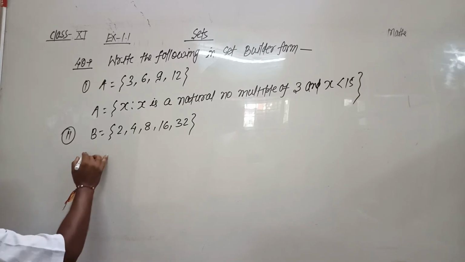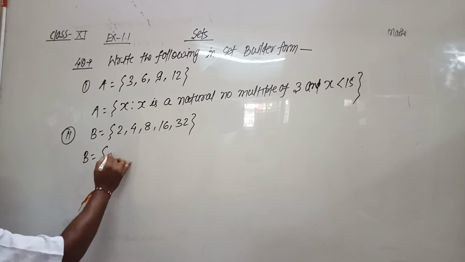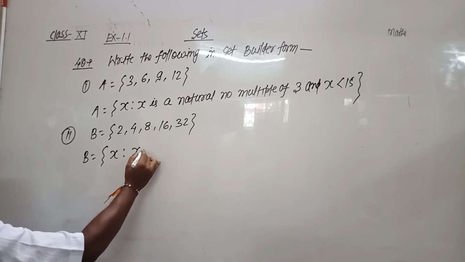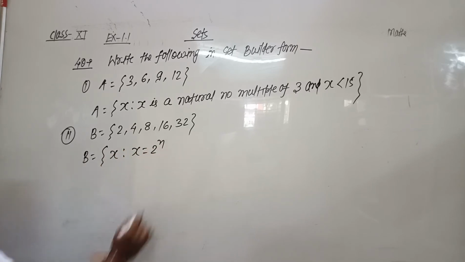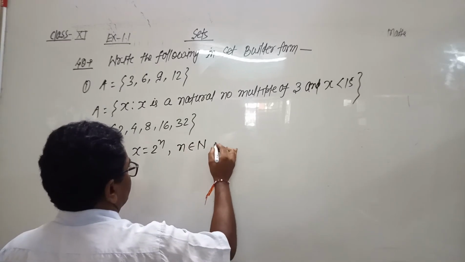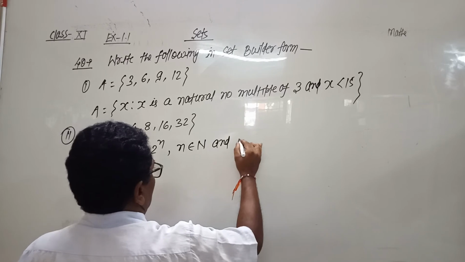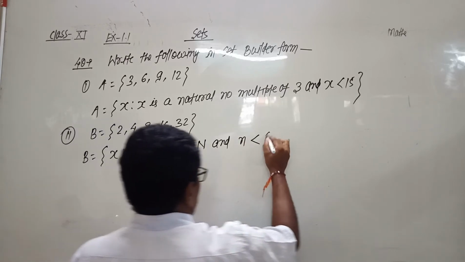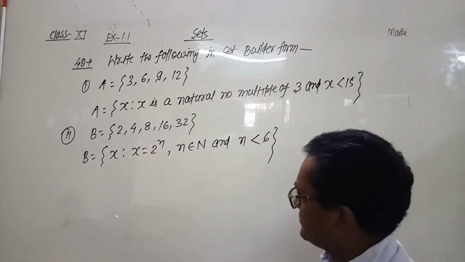So x such that x equals 2 raised to the power n, and n belongs to natural numbers, and the value of n is less than 6.